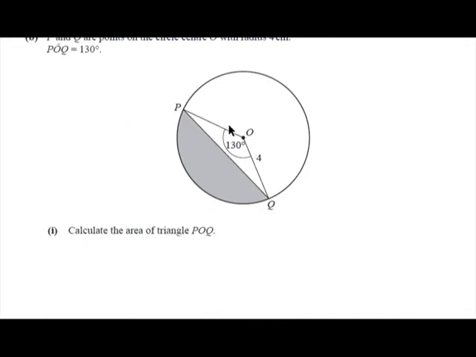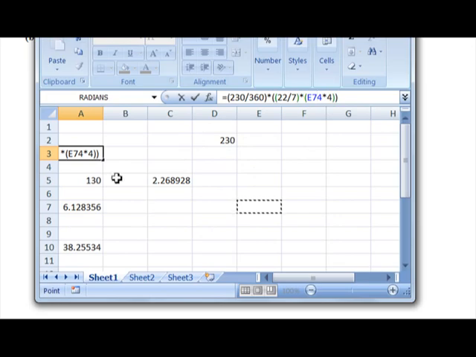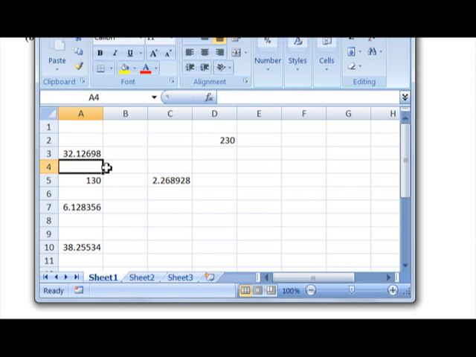Maybe before we go further, how we got that angle theta: it will be 360 minus 130. That's how we got the angle 230. So that will be 230 over 360 times 22/7 times 4 times 4, and the answer that you get is 32.12.